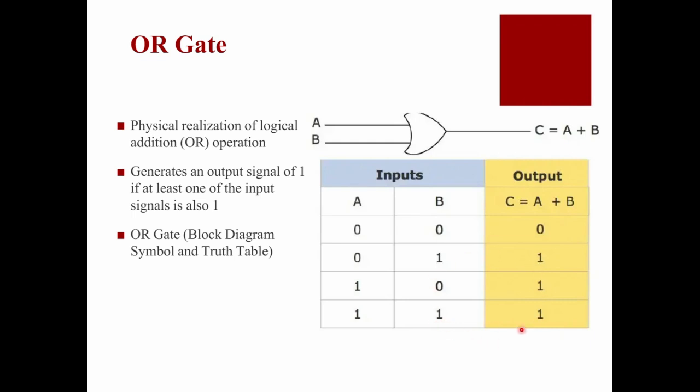It means that based on this truth table, it generates an output signal of 1 if at least one of the input signals is also 1.